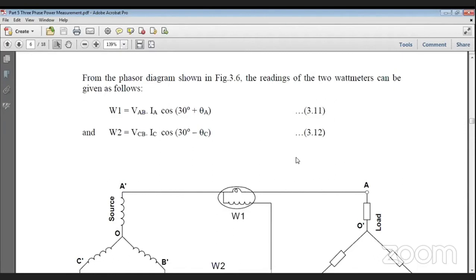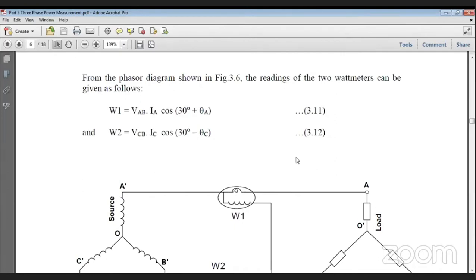As in one class I was telling, all our fans are AC motors. So take a 3-phase motor and connect 2 wattmeters, then give supply and start the motor.